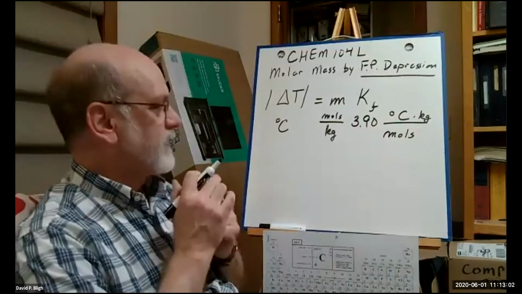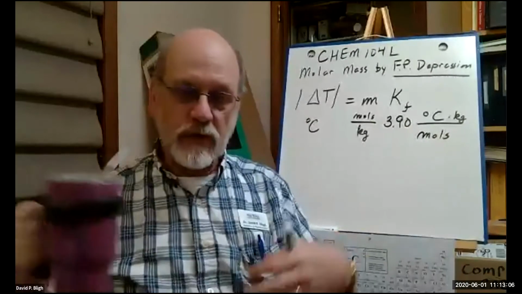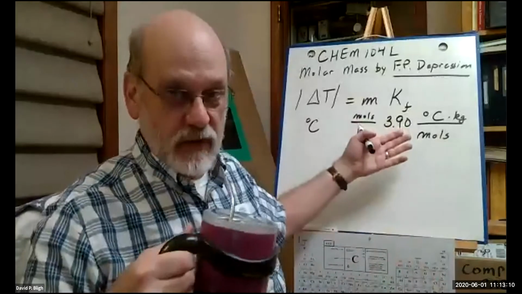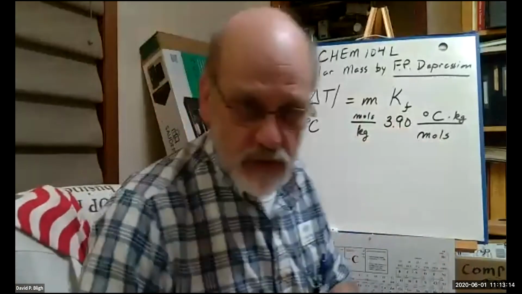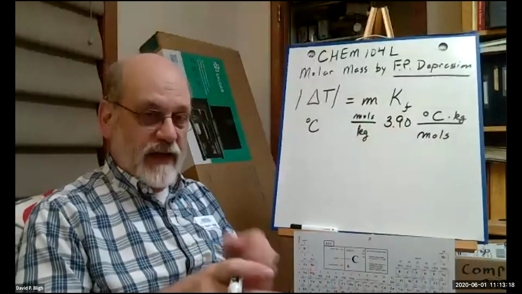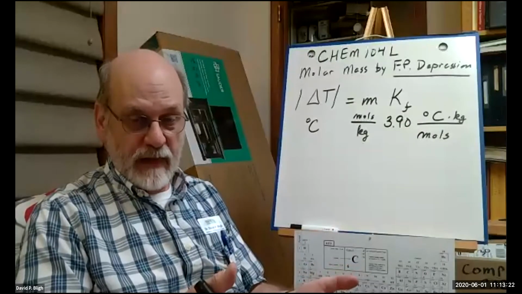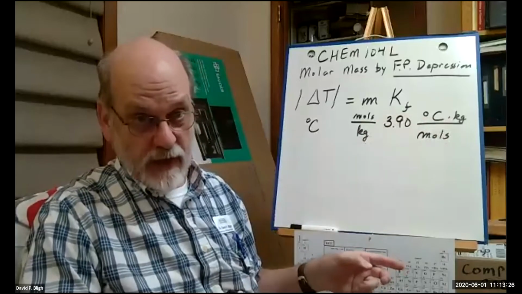Okay? Now, if you ever do this experiment with a different solvent, you'll have a different value for K. And if you try to look that value up in a reference manual, it may not have the units listed that way.